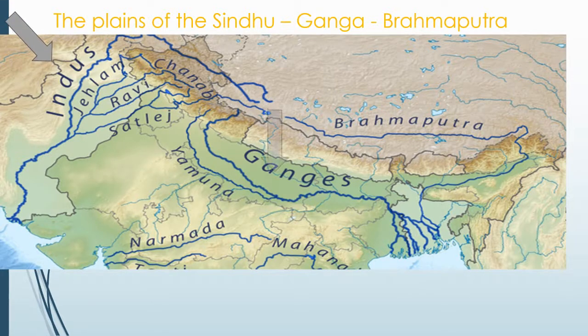As you can see on the map, the dark blue line shows the tributaries. This is also known as the Great Plains of India. The region extends from Sindh, that is Punjab, in the west to present-day Bangladesh in the east.